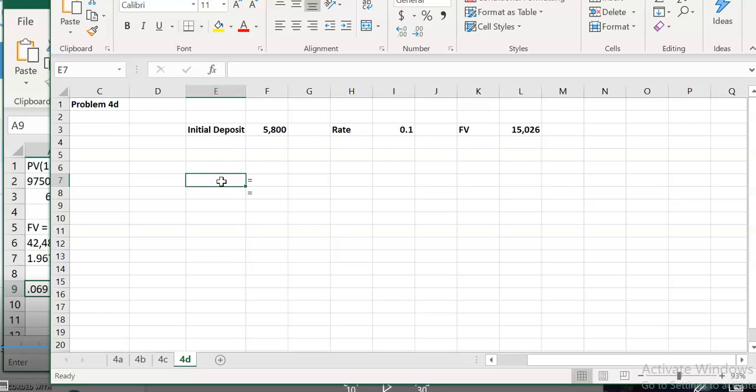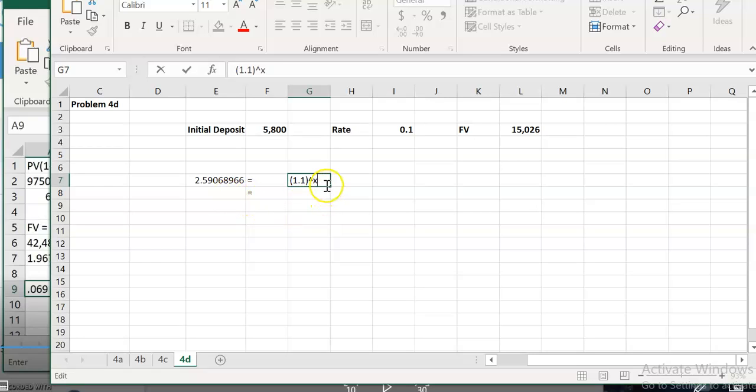To do this, we're going to take that future value divided by this initial deposit, which gives us roughly 2.591, and that's going to be equal to this 1.1, which you get from the 1 plus our rate, roughly, raised to x, because we don't know how many years it's been accumulating in the bank.